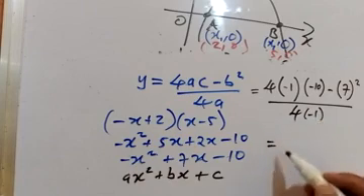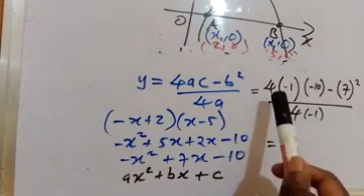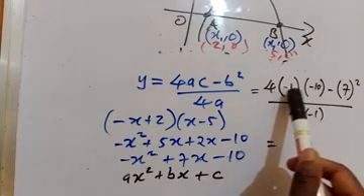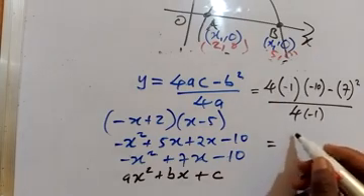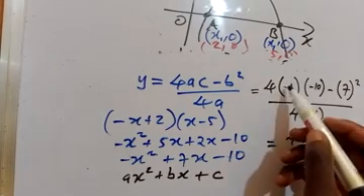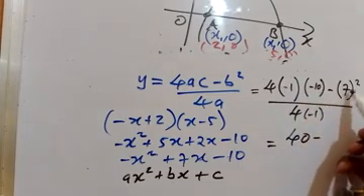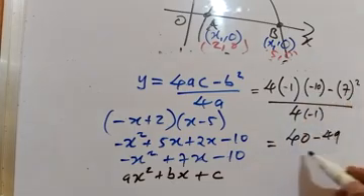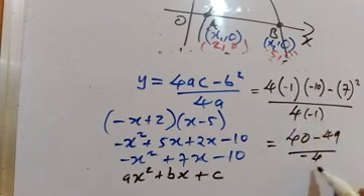So what is 4 times negative 1 times negative 10? Our answer will be positive 40, since negative times negative gives a positive. Then minus 7 squared, you get 49. Then 4 times negative 1, you're going to get negative 4.